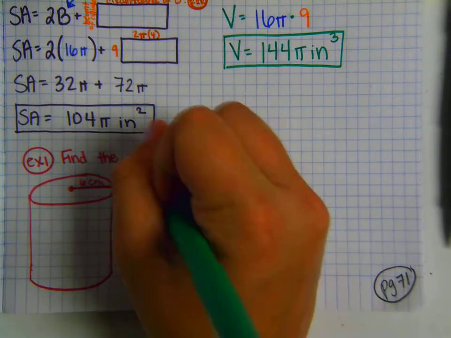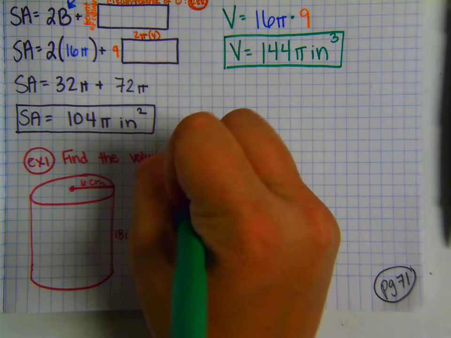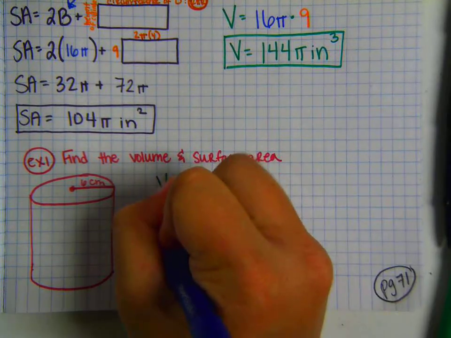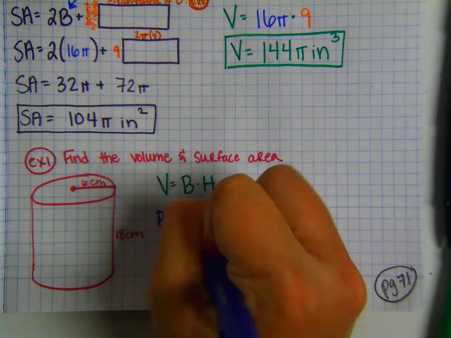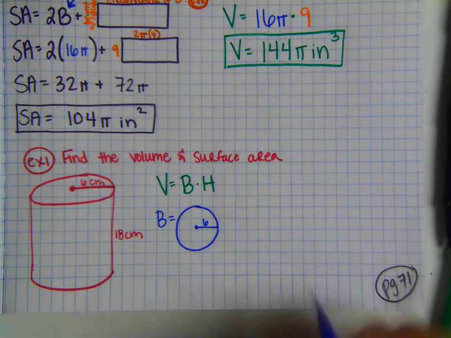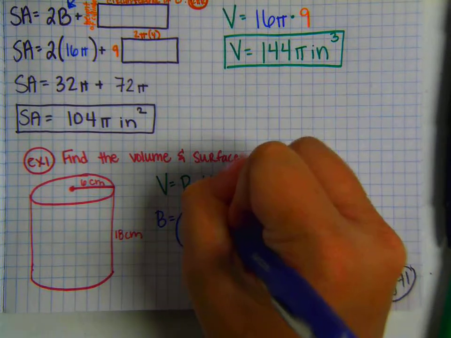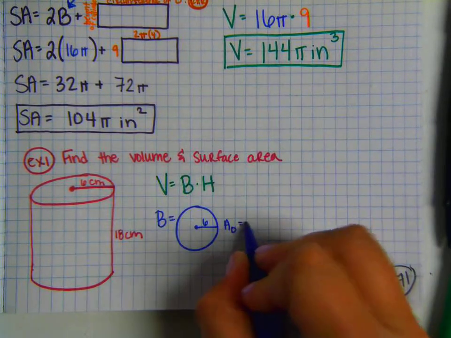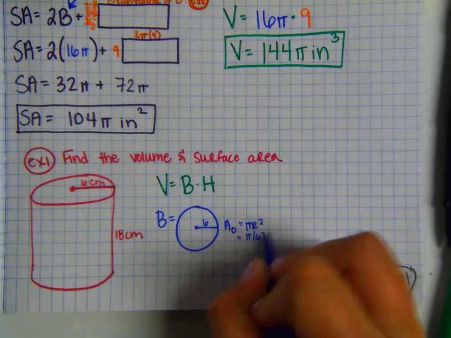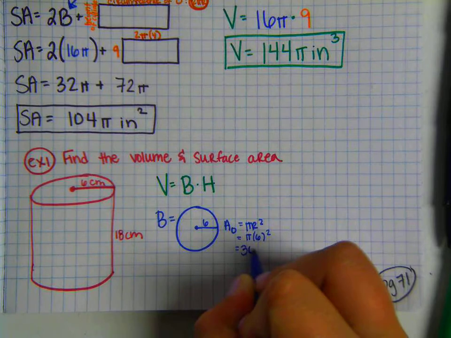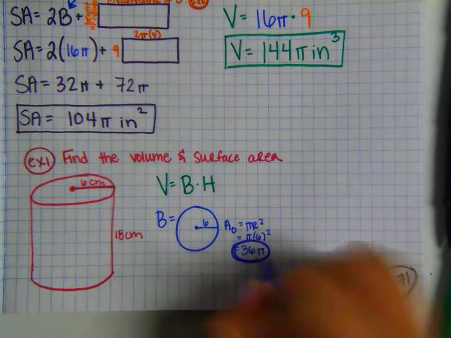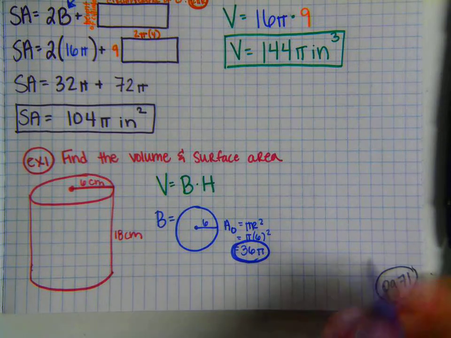So the volume is again big B times big H, and I'm going to find big B first because that's a circle with radius of 6. So then I know the area of this circle is going to be pi r squared, which is pi times 6 squared. So 36 pi is my big B. And again, I'm going to circle it so I don't forget where it is.